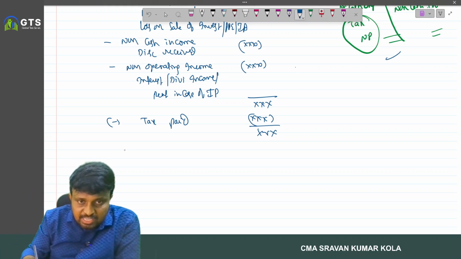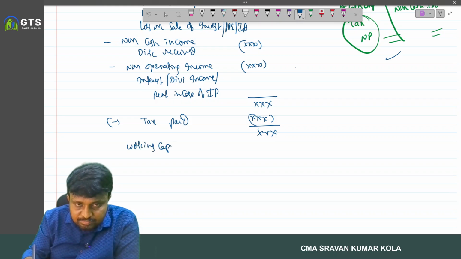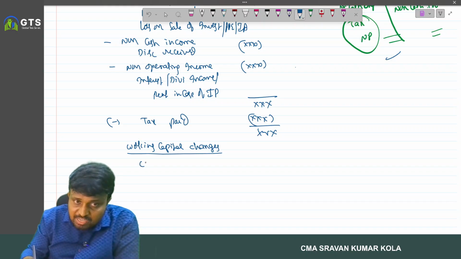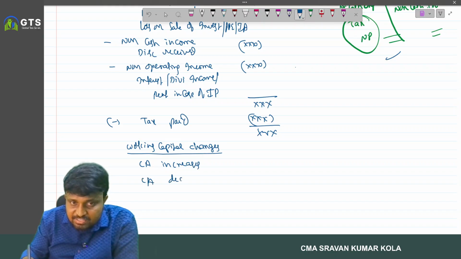So if there is any adjustment under working capital changes, what are the possibilities we have? Current assets increase, current assets decrease, current liability increases, and current liability decreases.